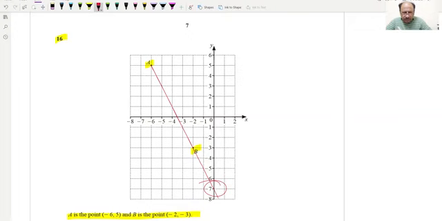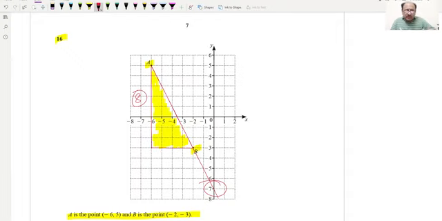To find the gradient of the line, we will draw a triangle, and this will be the triangle we consider for the gradient. We can see this is 1 2 3 4 5 6 7 8, so 8 units rise, and the run is 1 2 3 4 units.